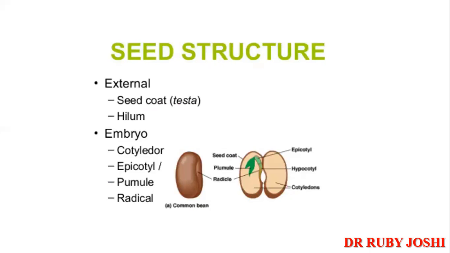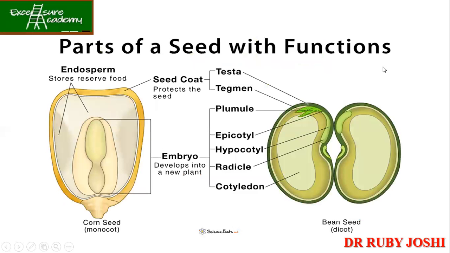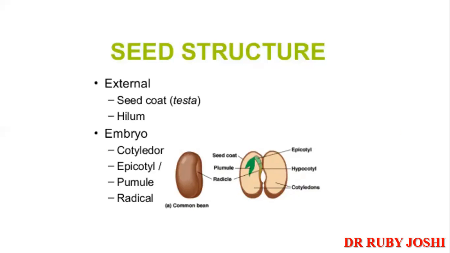Now tell me, what are the different parts present in the embryo? Ma'am, in the embryo there is a cotyledon. Cotyledon is the outer coat of the seed. Firstly, there is a cotyledon, and then there is an epicotyle.